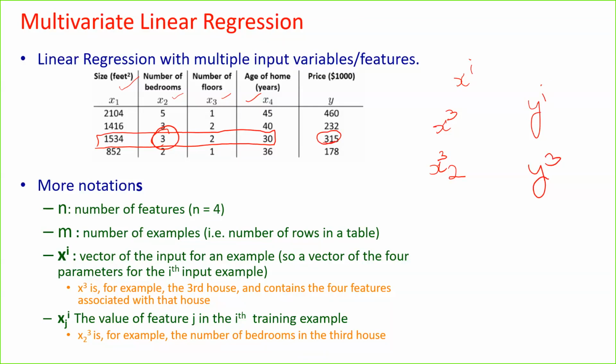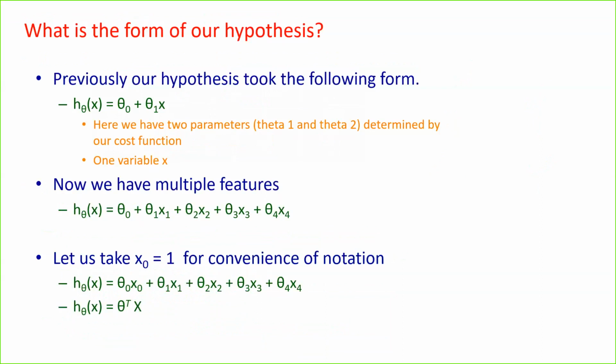Yes, sir. Notation, yes. So previously, in case of univariate linear regression, our hypothesis representation is just a line, theta naught plus theta 1 x. Now we have got multiple features, x1, x2, so on, xn, where n is the number of features.